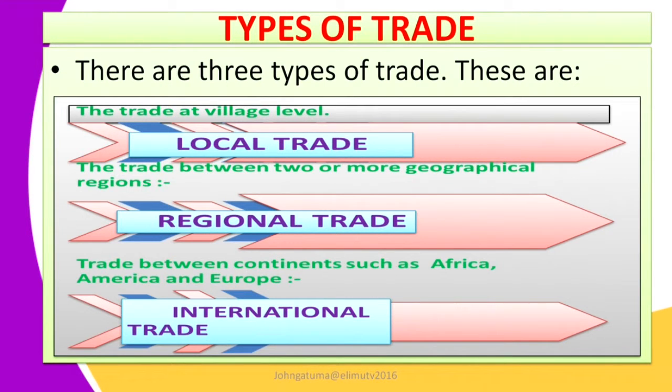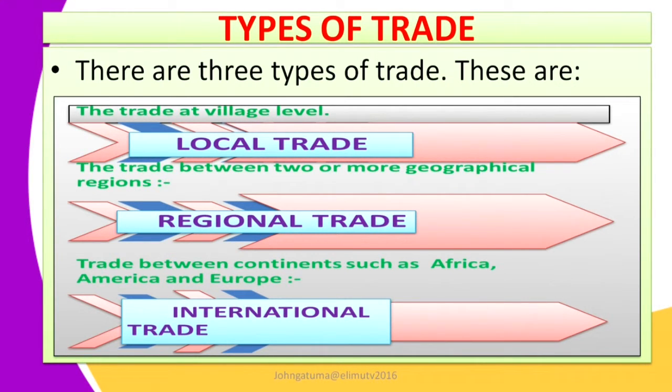The one that we're going to discuss in detail is, one, local trade. Local trade is trade at village level. The second type of trade is regional trade.